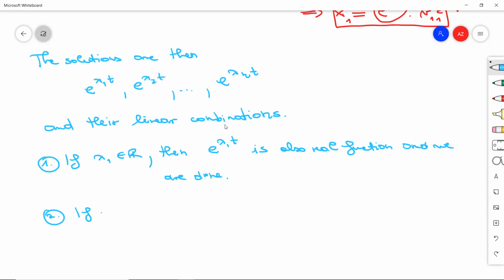Now, if lambda 1 is not real, then it's complex. Then lambda 1 is of the form alpha plus I beta, where alpha and beta are real numbers.